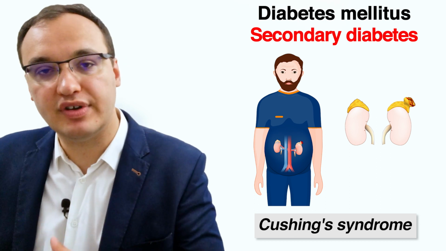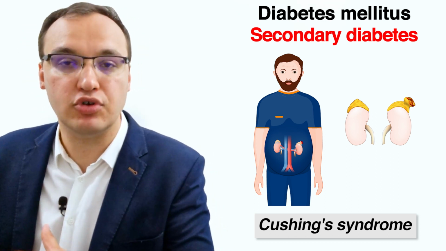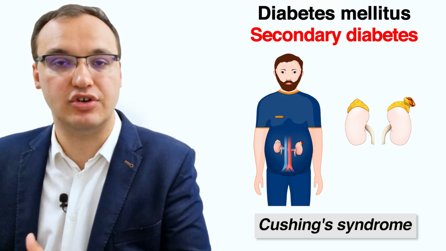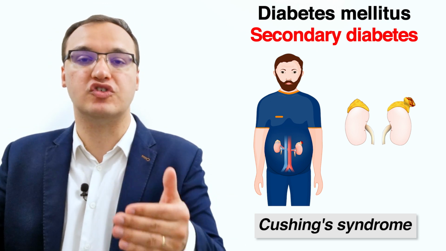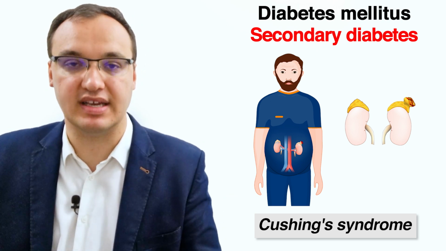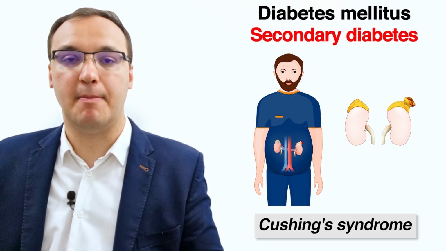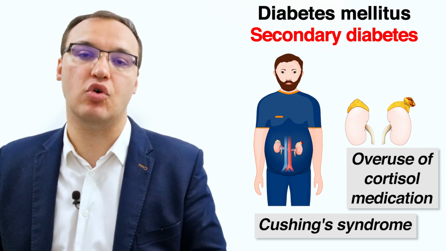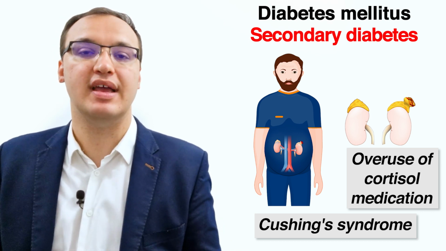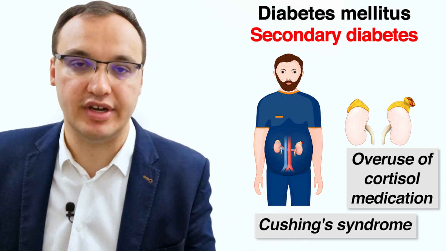Also, secondary diabetes can occur in hormone disorders or endocrinopathies such as Cushing syndrome that leads to abnormal glucose regulation and diabetes. And Cushing syndrome can be caused by overuse of cortisol medication and excess production of cortisol from a tumor in the adrenal gland or elsewhere in the body.